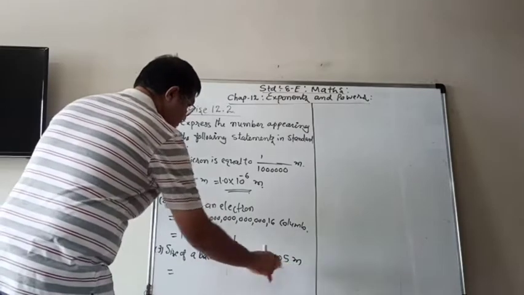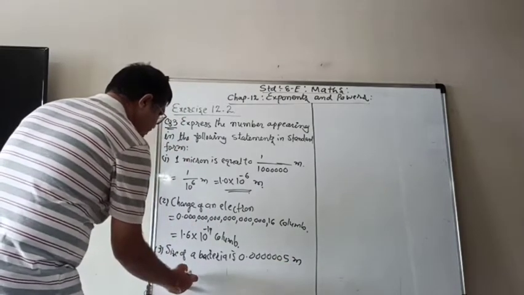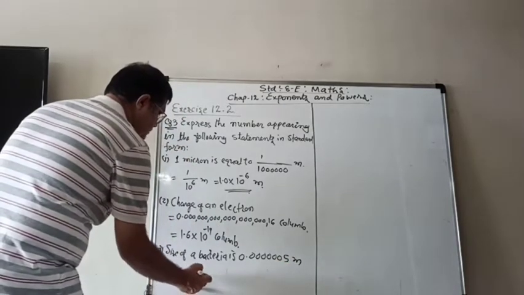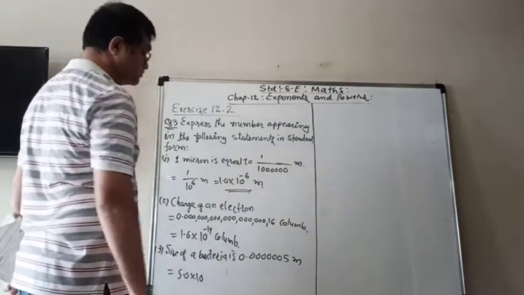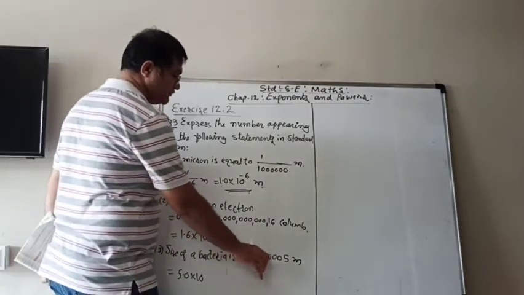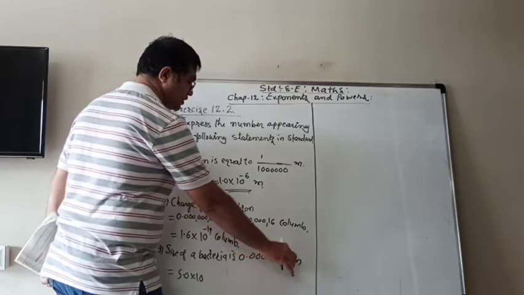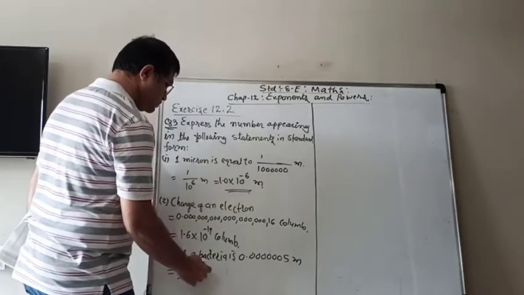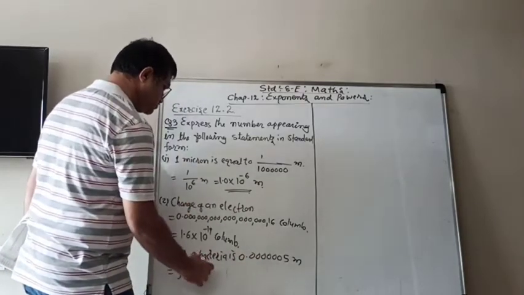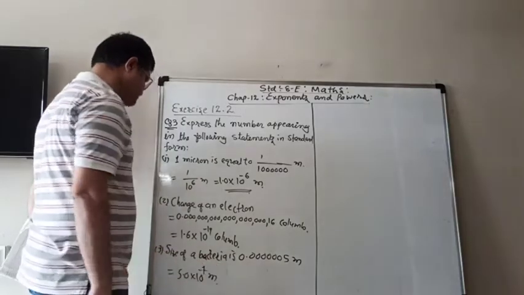So now we know that it is 5. So you can write down 5.0 into 10 raised to. So now 1, 2, 3, 4, 5, 6 zeros and then another 1. So 7. So 10 raised to minus 7 meter.